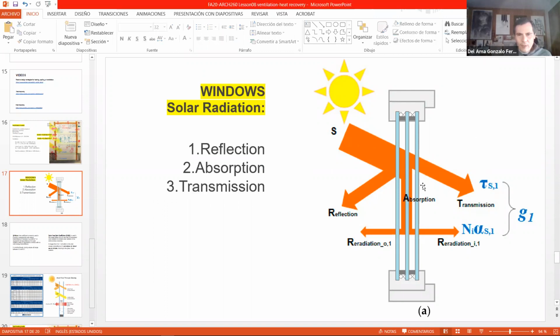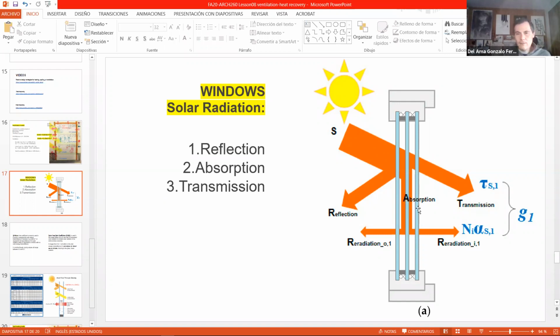The problem is more complicated because part of this absorbed energy will be re-radiated either indoors or outdoors. Okay, so we absorb energy. That means that we are heating up this glass, but then at night, this heat that the glass has absorbed will go either inwards or outwards.